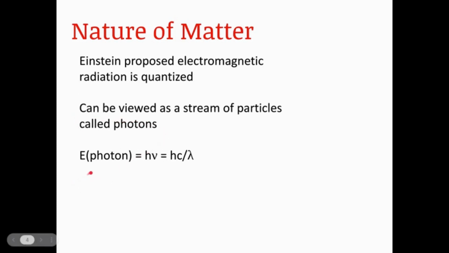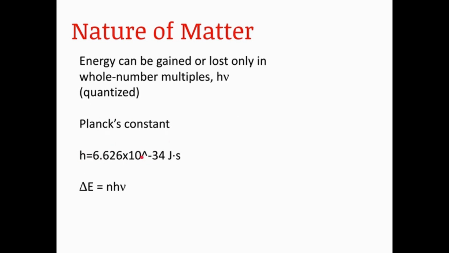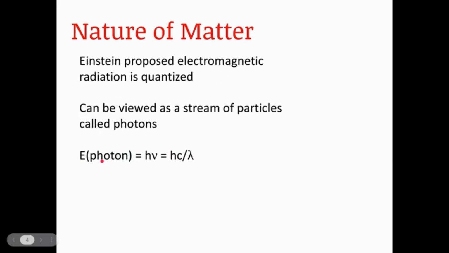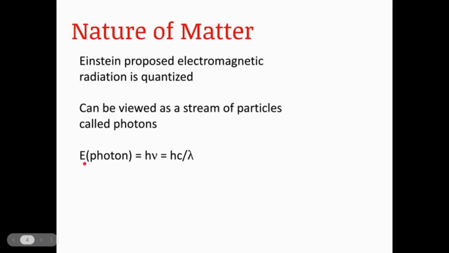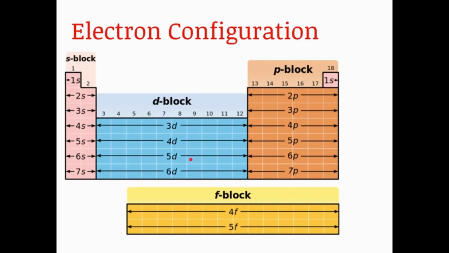Another equation is that the energy of a photon is equivalent to h, which is Planck's constant, times nu, or h times the speed of light divided by lambda, since we know nu is c divided by lambda.